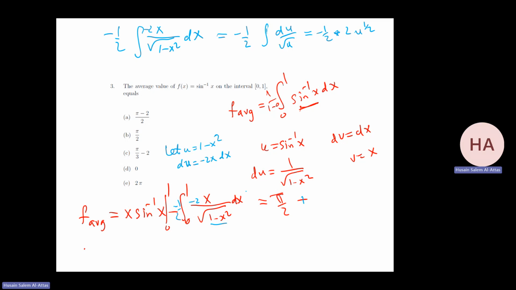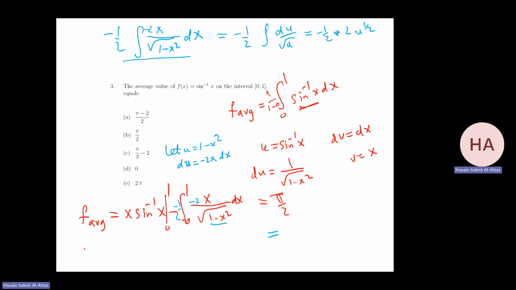So it will be minus, so that will become plus u to the power half from 0 to 1, which is, that's plus or minus. I have minus, minus, minus, so that will be minus. I took the square root of this.